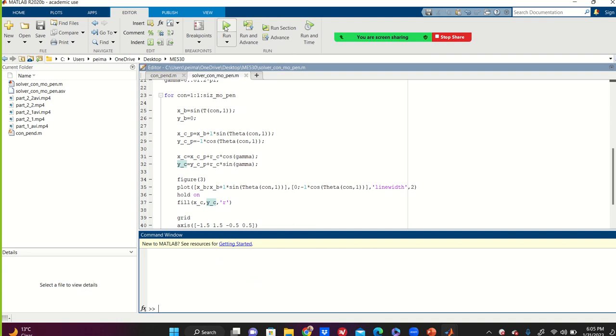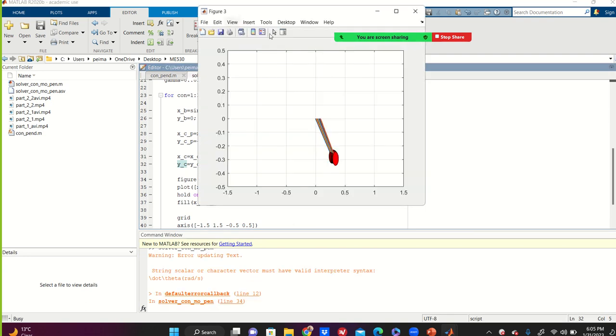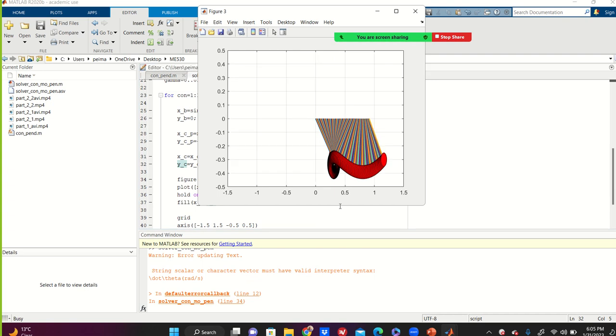Okay. Now look at here, guys. Now this is good. Now the circle is at the end. But this is a stick diagram. See what I'm saying?